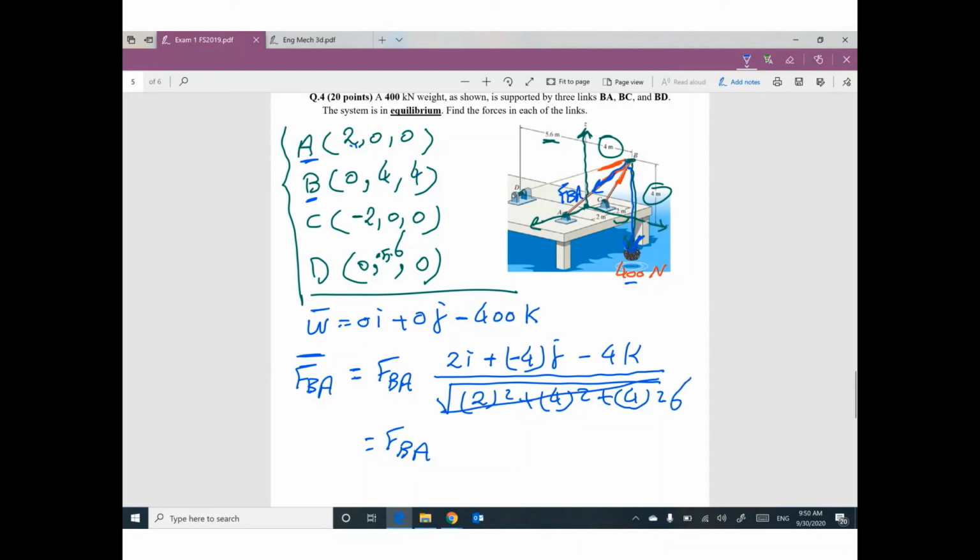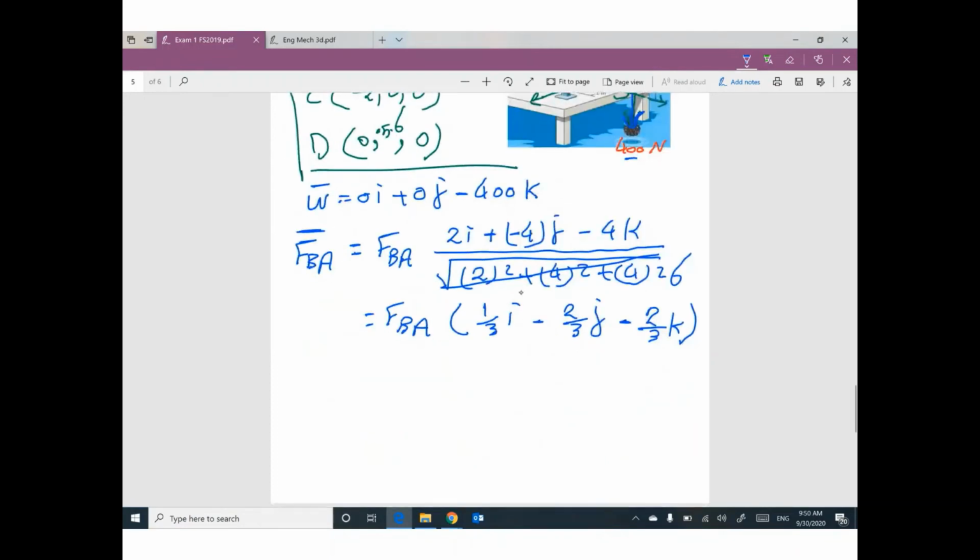So your final will be 1/3 I, -2/3 J, -2/3 K. So finally, if you would like to simplify it more, it will be 1/3 FBA I, -2/3 FBA J, -2/3 FBA K.